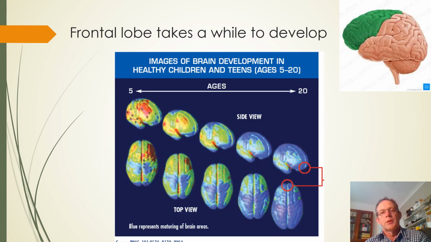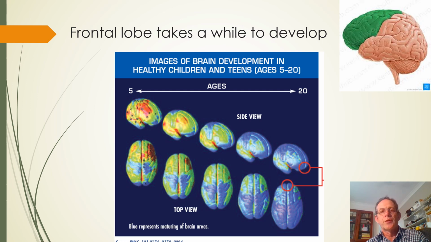So this is a slide showing composite scans of the brain during development, showing the maturing that occurs in the brain over 20 years. A lot of things can go wrong during that 20 years, from the time of being inside the mother's womb through to the age of 20, and it can include things like viral infections, poor nutrition, an adverse social environment, lack of basic emotional needs being met, damage by trauma or substances.